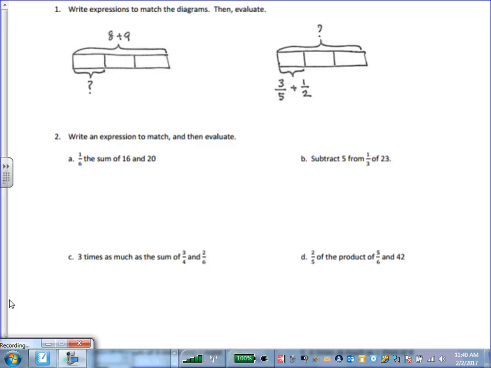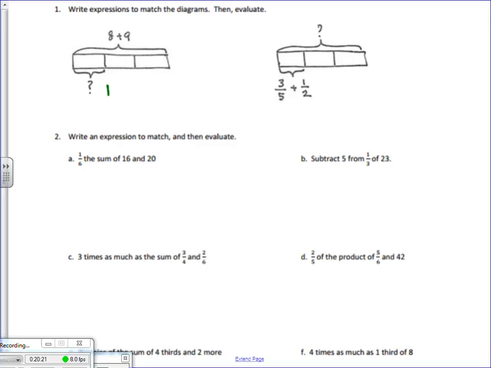This is like the very first problem that we did. So what number sentence can we put with this diagram? What can we write to go with that? 1/3 of 8 plus 9.